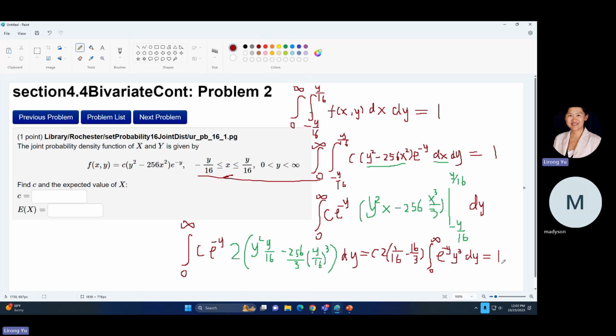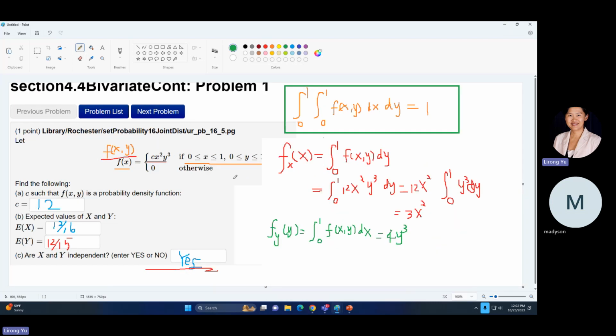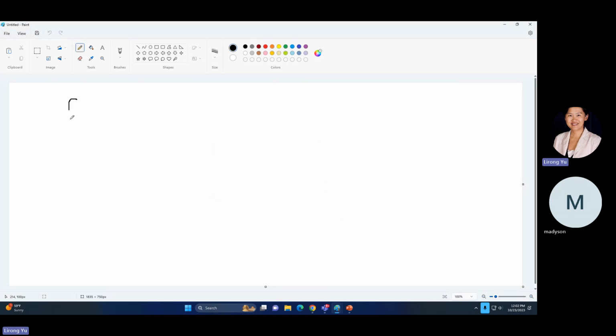Question. All right. This part of the integration is a number, and I feel like I need a little bit of space. You have to do integration by parts. So let's see how we integrate e to the negative y, y cubed dy.